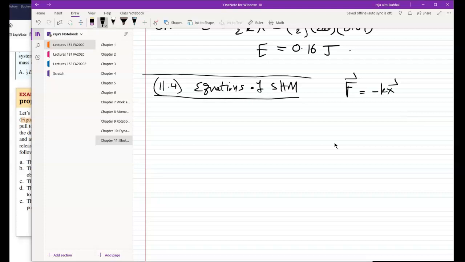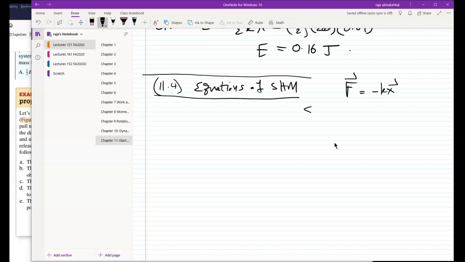Another one is, the reason we call it simple is because those kinds of motions can be described by trigonometric functions sine and cosine.